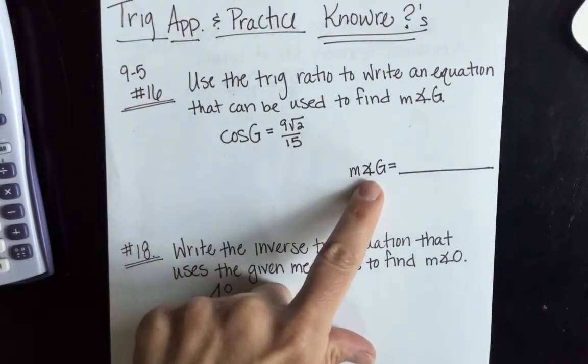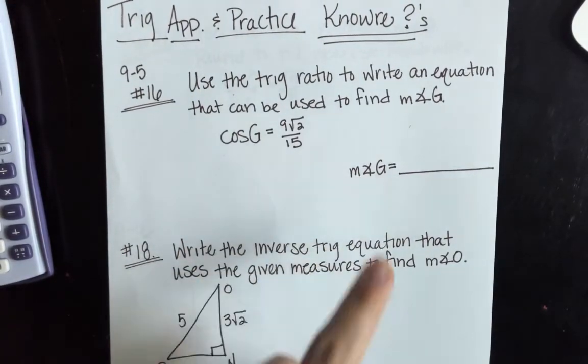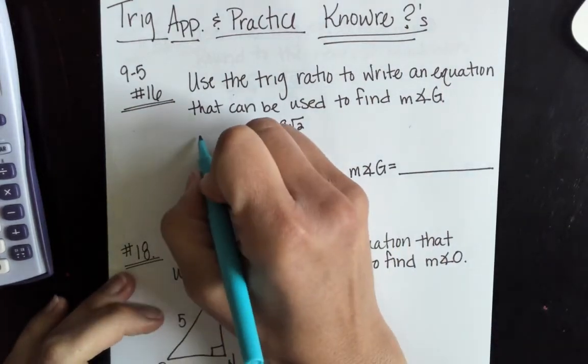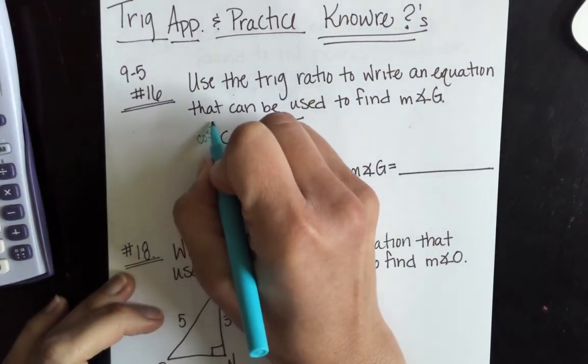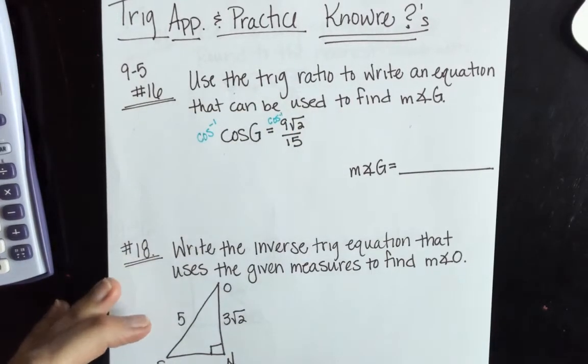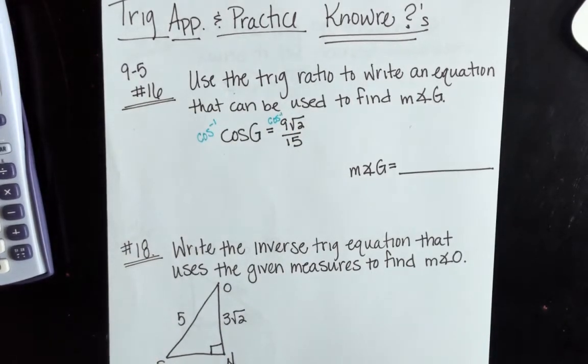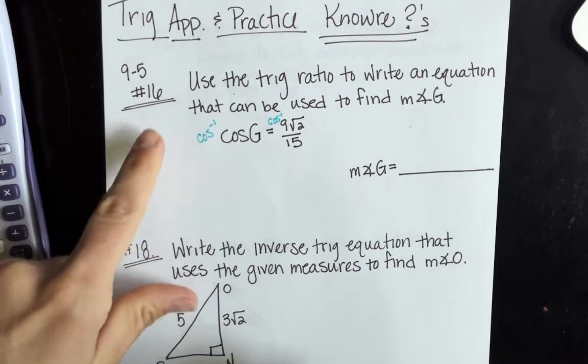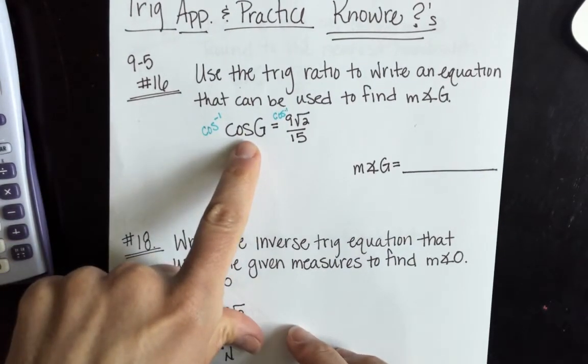If I wanted to solve for the measure of angle G, that's us undoing cosine, making that inverse cosine appear on both sides. When that happens, we know that those two are going to cross out.